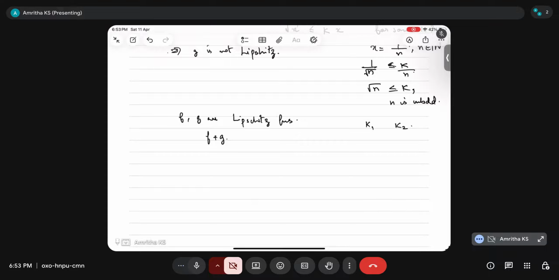You need f of x plus g of x minus f of y minus g of y, which is less than or equal to mod f of x minus f of y plus mod g of x minus g of y.